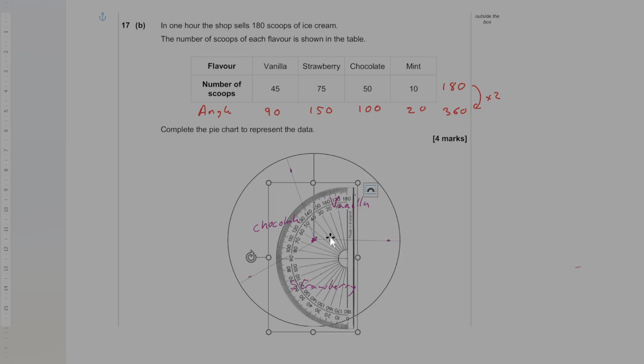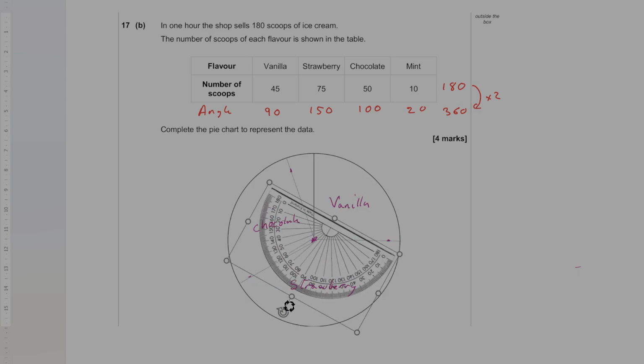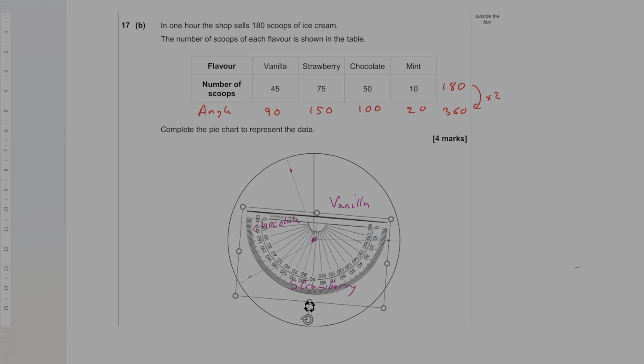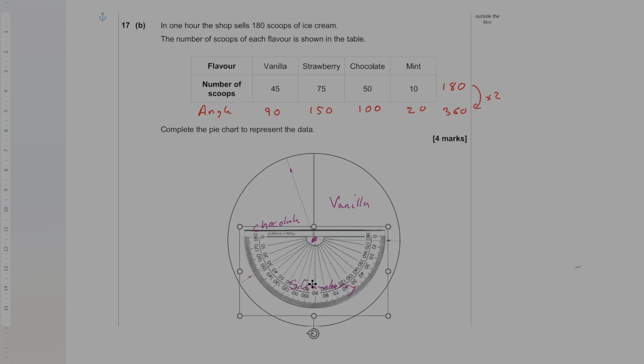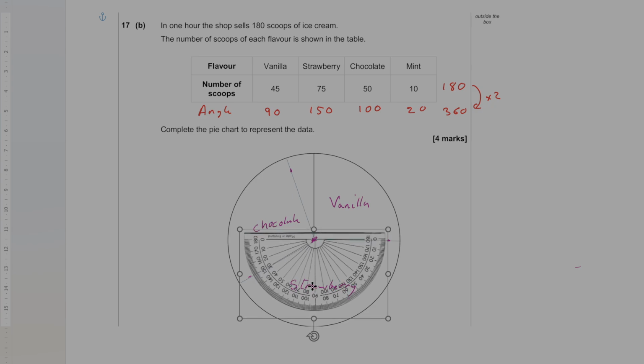So I'm confident of my 90-degree angle. This looks slightly over 150, but not by a lot. There we go.